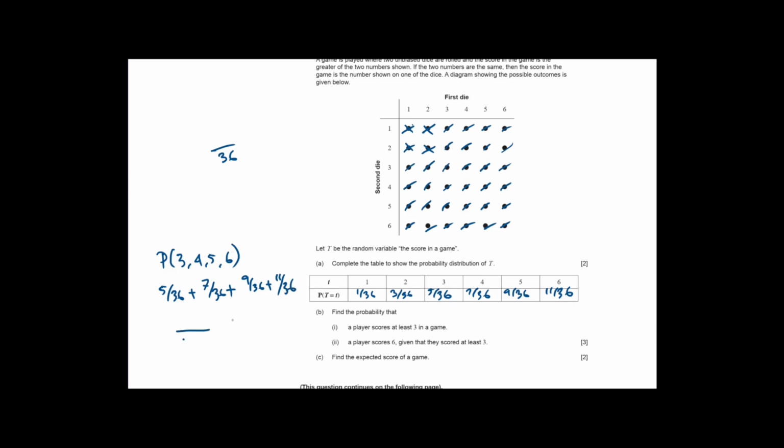They have a common denominator, so 5 plus 7 plus 9 plus 11. Can't remember off the top of my head, it's late at night. Okay, 20, 27, 32 over 36.